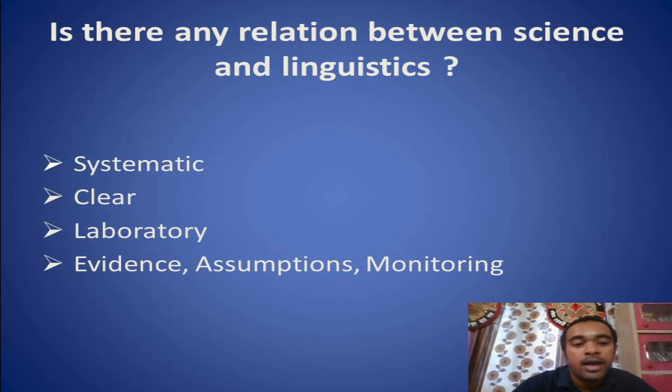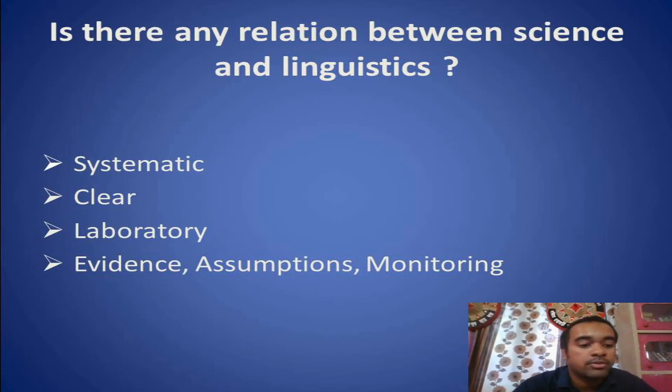And the third is laboratory. Both of them use a laboratory. Scientists use a science laboratory and linguists use a language laboratory. And the fourth, which is one of the most important points, is evidence, assumptions, and monitoring.